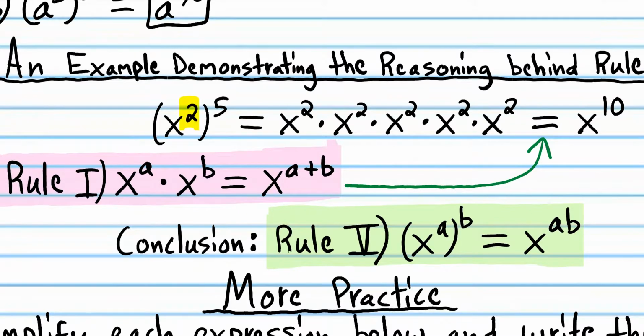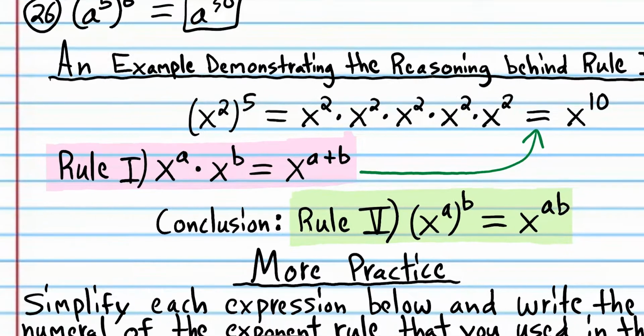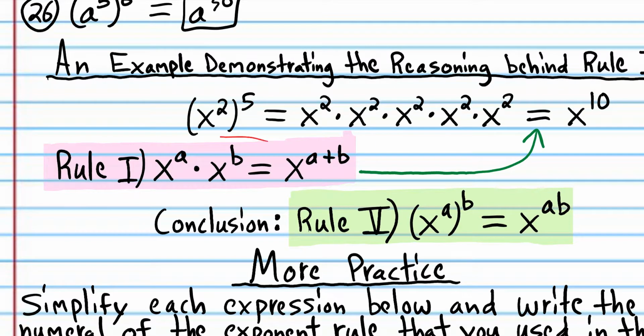With this example, we have x squared, a power, and it's raised to another power. What does it mean to raise something to the 5th power? Well, that means that you multiply it by itself 5 times. 1, 2, 3, 4, 5 in yellow. Now, if we use rule number 1, remember rule number 1?